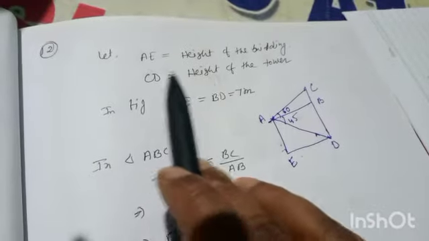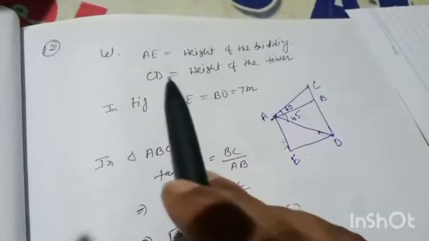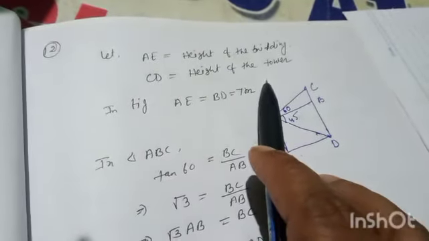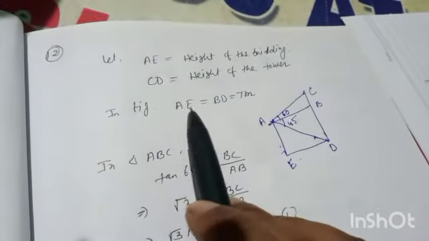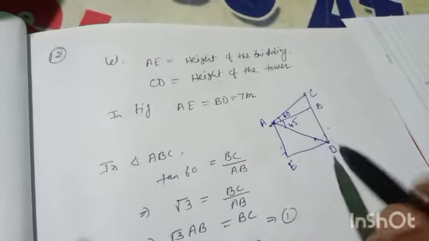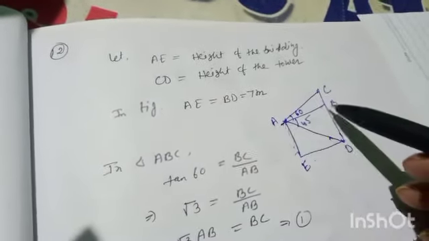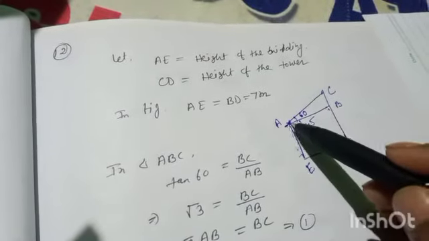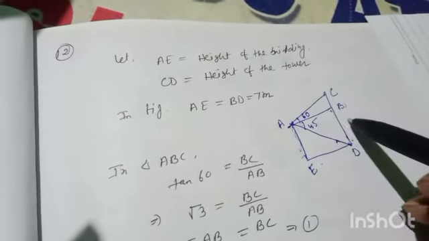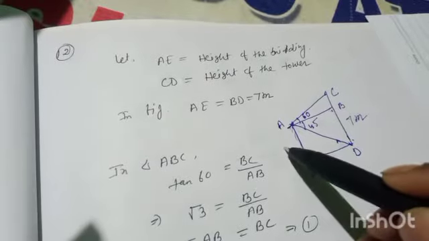First of all, let AB equal the height of the building, CD equal the height of the tower, and in the figure AB is equal to BD. This height and this height are the same, because this is the height of the building. This is 7 meter, given in the question.